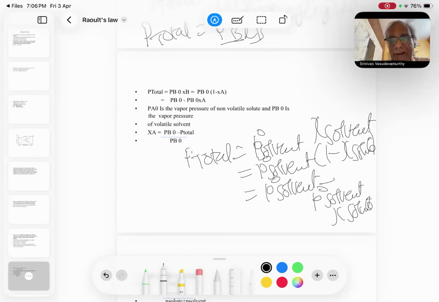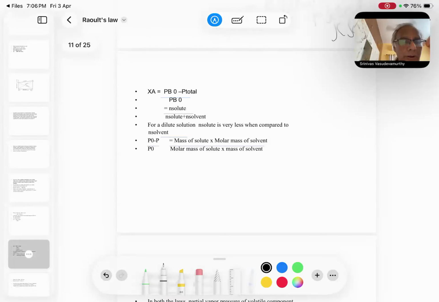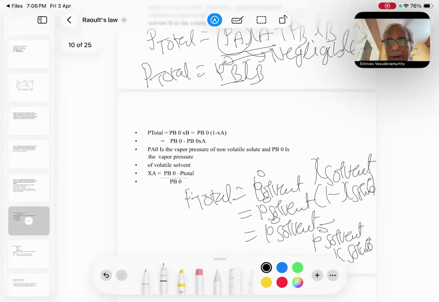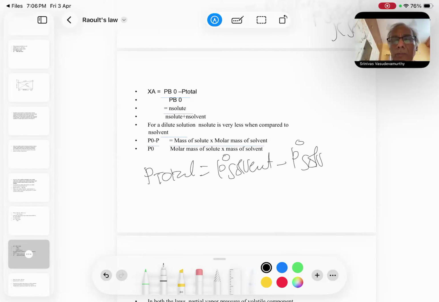I am rearranging the equation now. There we have seen P total equal to P naught solvent minus P naught solvent into mole fraction of solute. So I am writing here P total is equal to P naught solvent minus P naught solvent into mole fraction of solute.